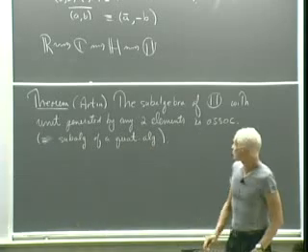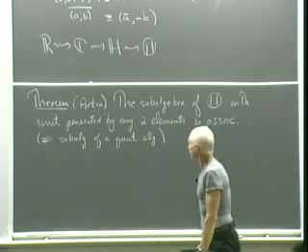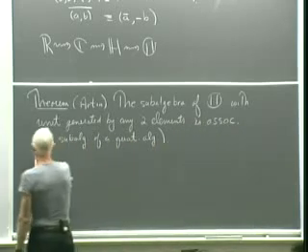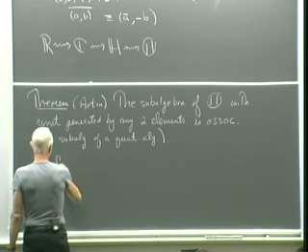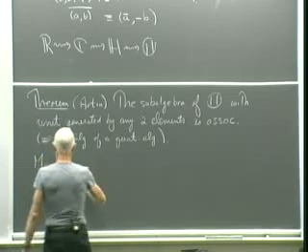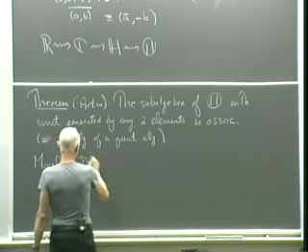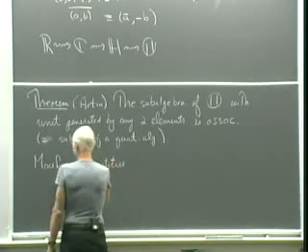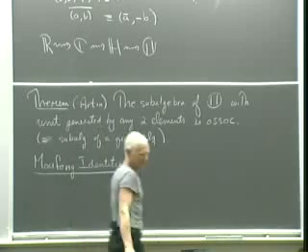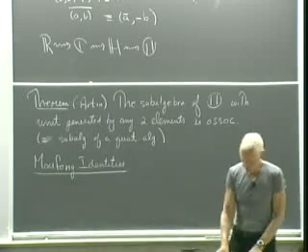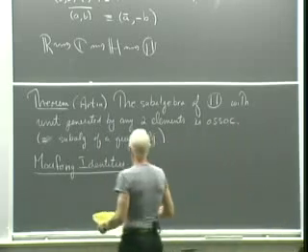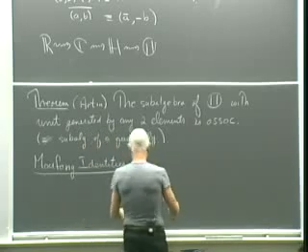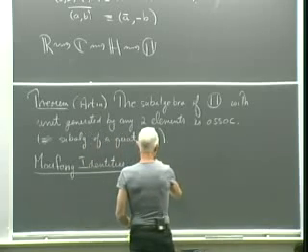The other thing that's useful when it comes to discussing the octonions are the so-called Moufang identities. This is a devilish algebra to work with, and so what little structure it has is useful. So the first Moufang identity is the following.